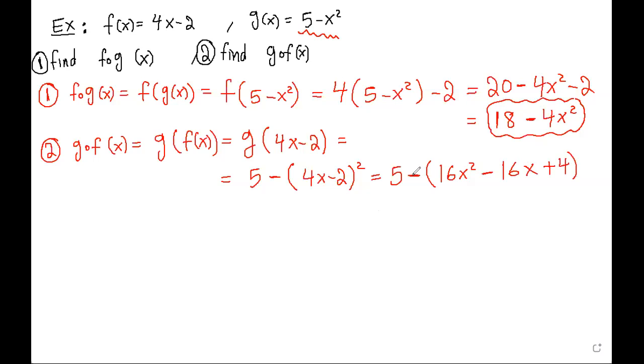Now you distribute the minus inside the parentheses. 5 minus 16x squared, minus times minus is positive 16x minus 4. Simplify: 5 minus 4 is 1. You get minus 16x squared plus 16x plus 1.